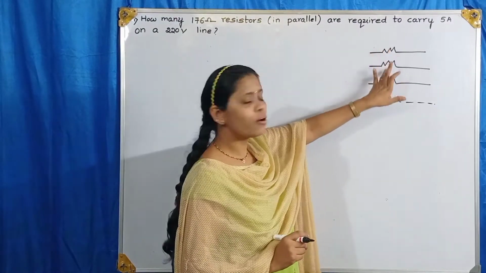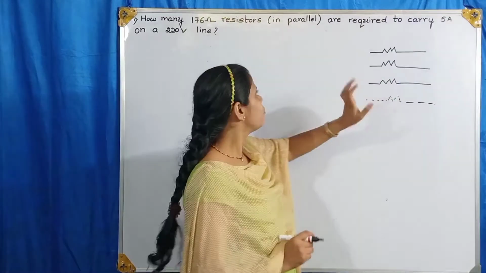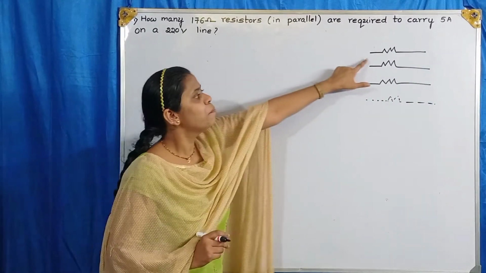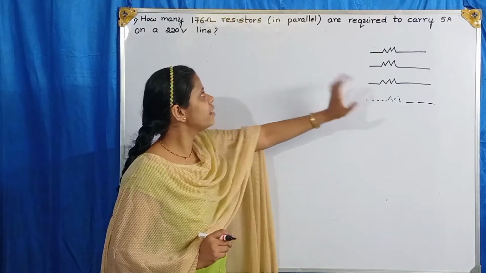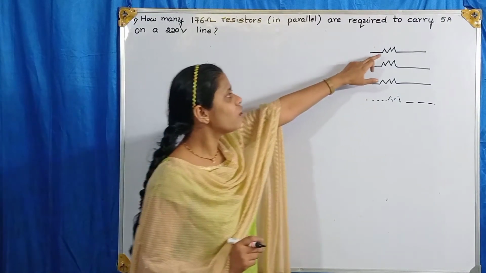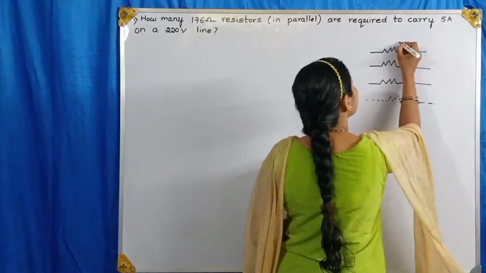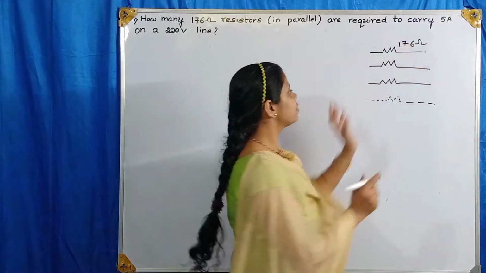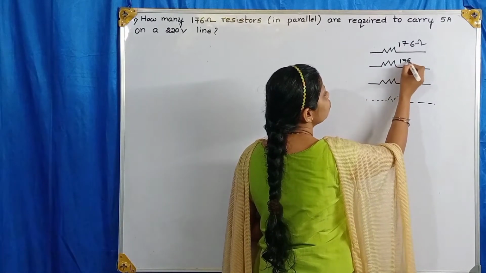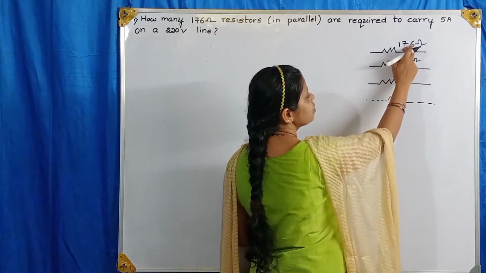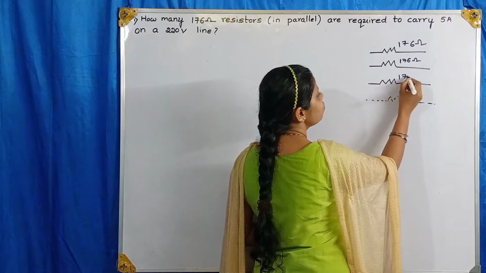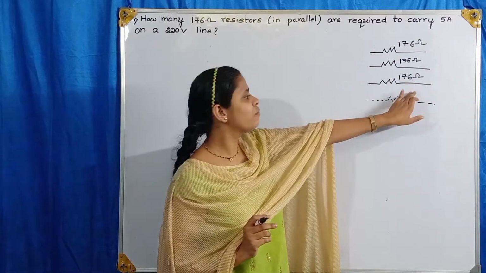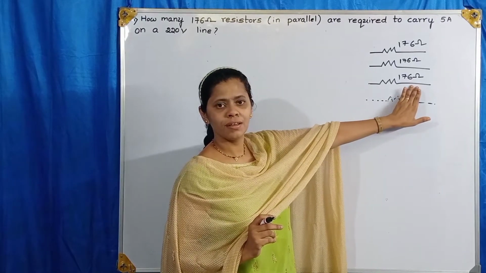We don't know the number of resistors used in a circuit, but in the problem they have told that they are connected in parallel, and each resistor is of the resistance 176 ohm.